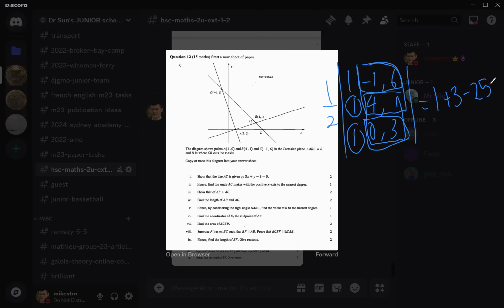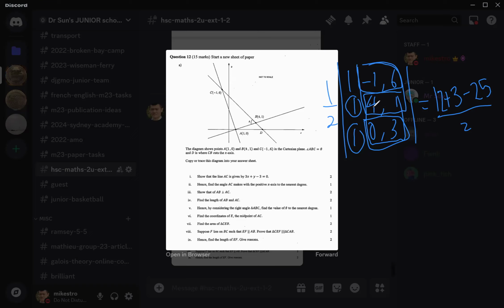Wait, something's gone wrong here. Let's take the absolute value of this. It's negative 1 minus 24. What's minus 25? Oh wait, the first one is 4 times 3 is 12. I don't know why I did 4 minus 3, it's 4 times 3.